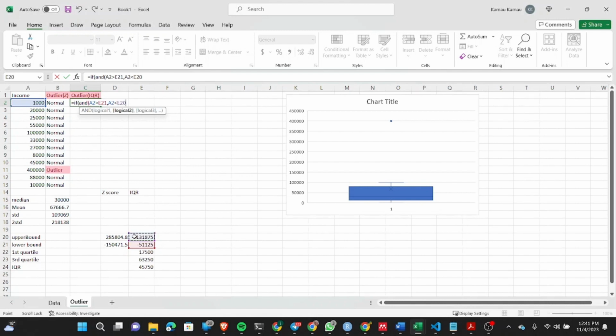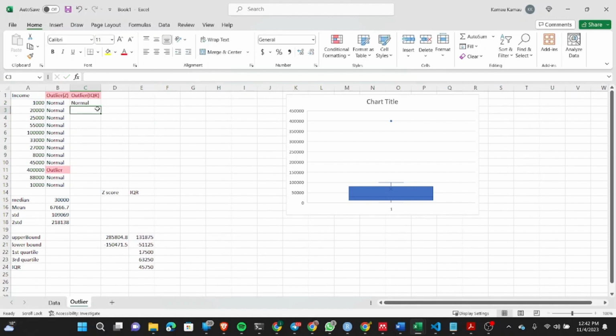If that is so, we are going to call that normal. Otherwise, we are going to call it outlier. And that data point is considered normal, and we can say Control D.